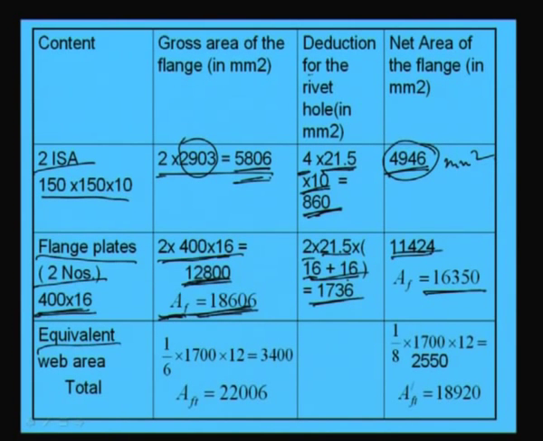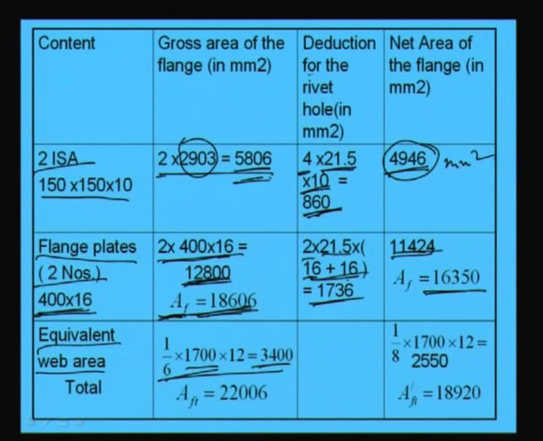Now, equivalent web area will become this, equivalent web area 1700 into 12 by 6 as per the formula, that will become 3400, right.